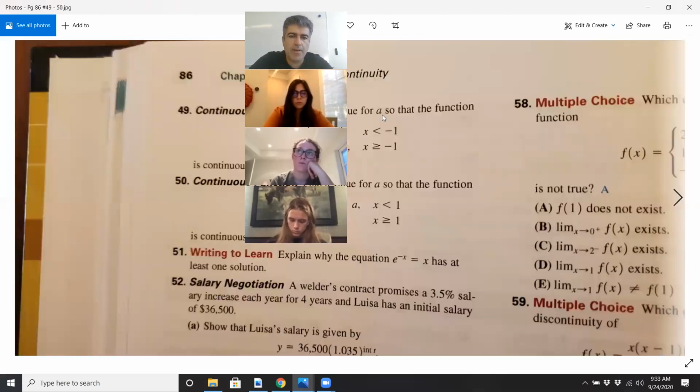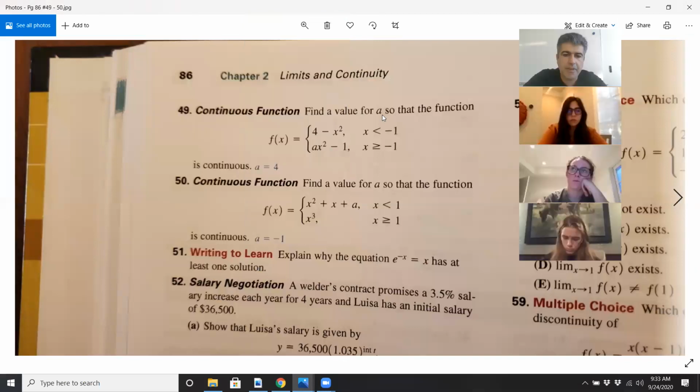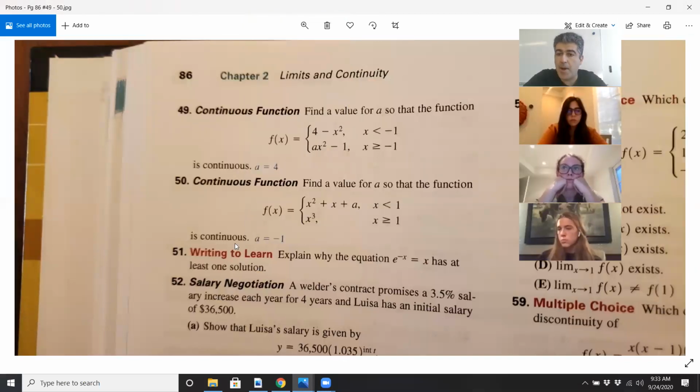By the way, 51 is also a good IVT problem. So maybe during one of my breaks, while I'm giving a test in my stats class, I'll have an opportunity to write out solutions for 45, 46, and 51 so you guys see how those look, because they don't really write the solutions there for that.